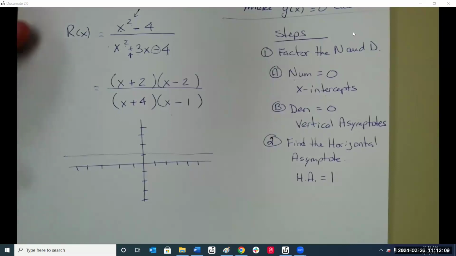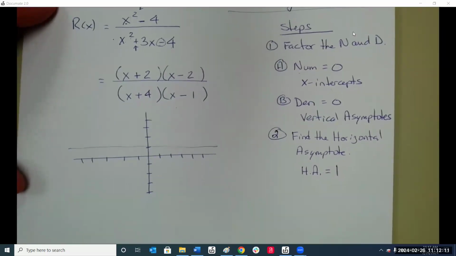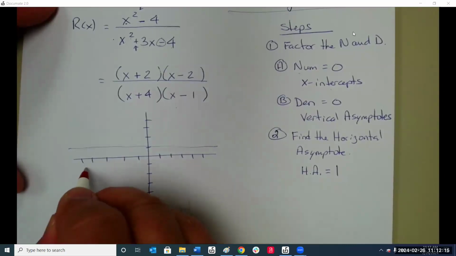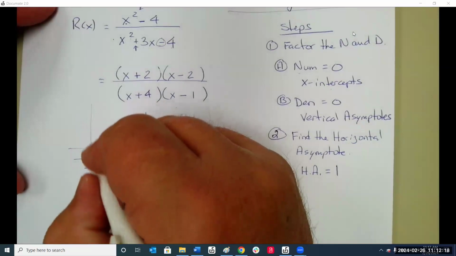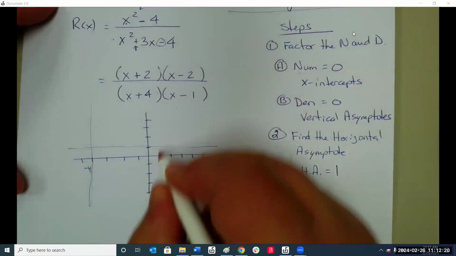Where are our vertical asymptotes? Negative 4 and positive 1.